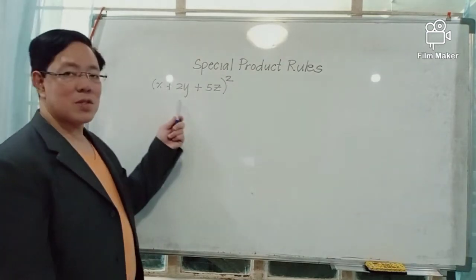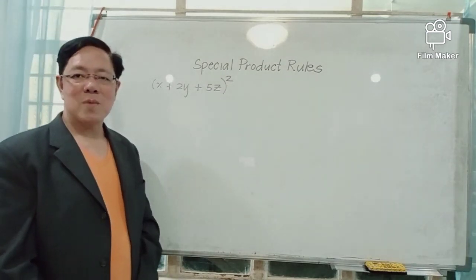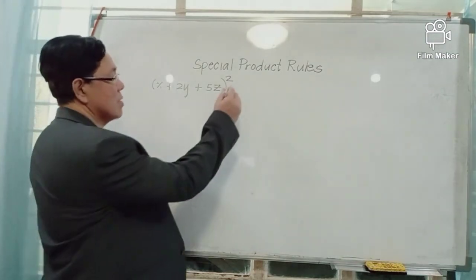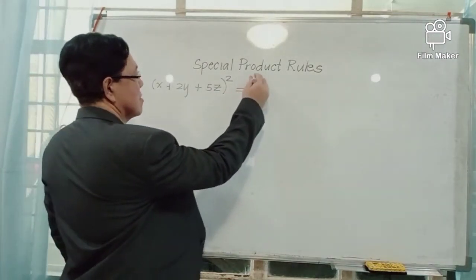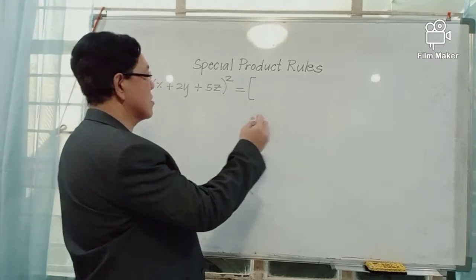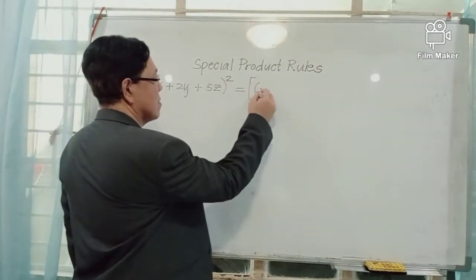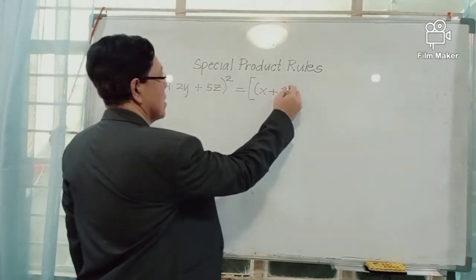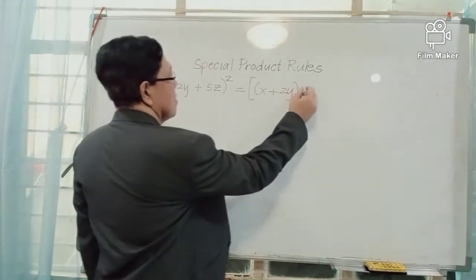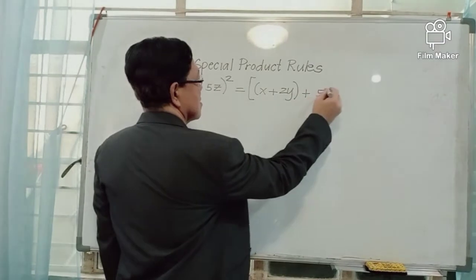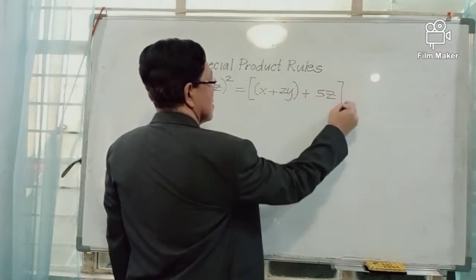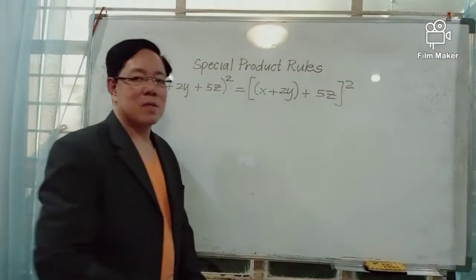I will group the first two terms as one term, and rewrite this as the square of x plus 2y, grouped as one term, plus 5c, squared.